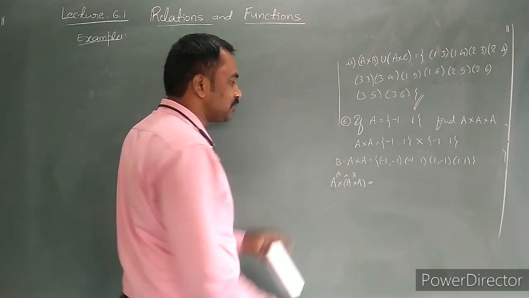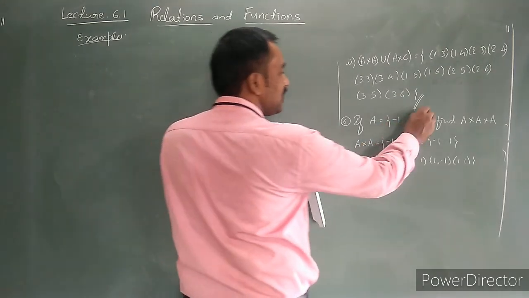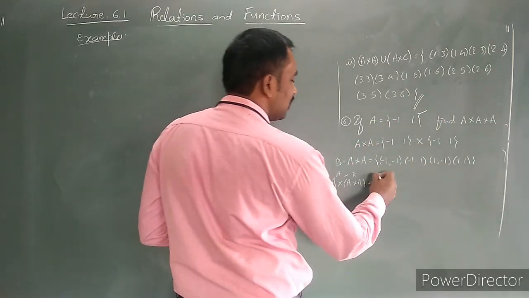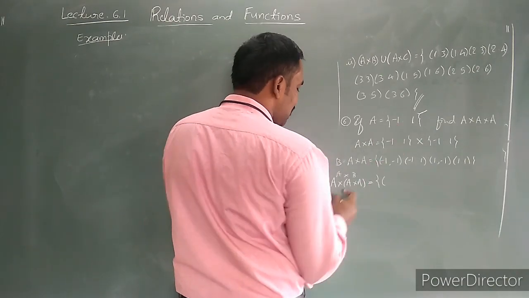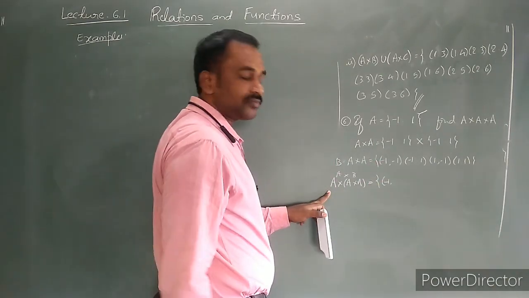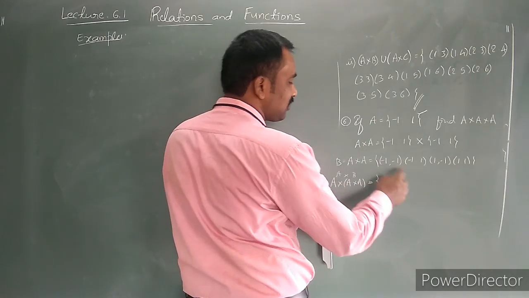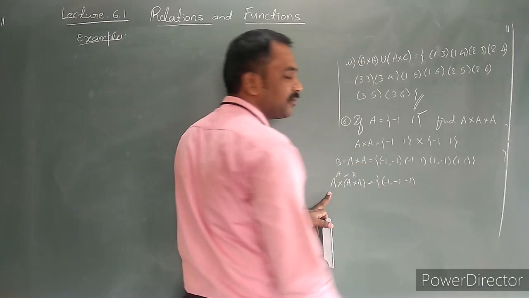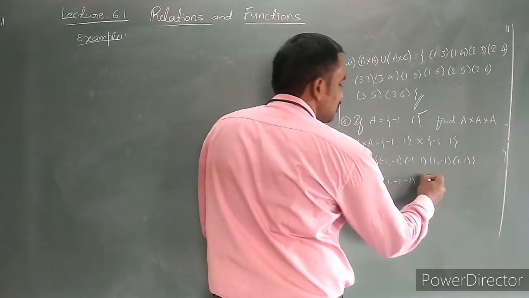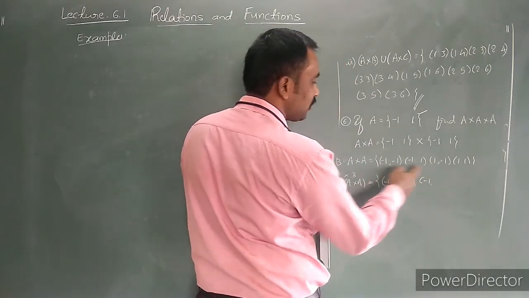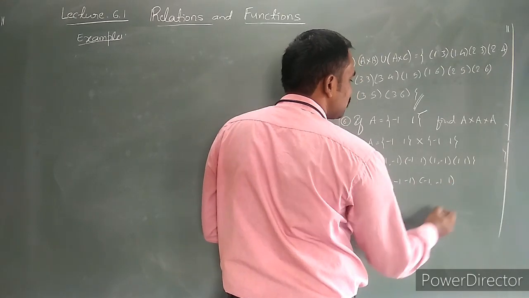Here we are writing A cross B. This is the B set. This is the A set. Okay, pair. So pair with the first element. First element is minus 1. What is the second element? Second element is nothing but from the B set. What is that B set? (-1,-1). Is that clear? This is the minus 1 as it is. Pair with the remaining elements: (-1,1).